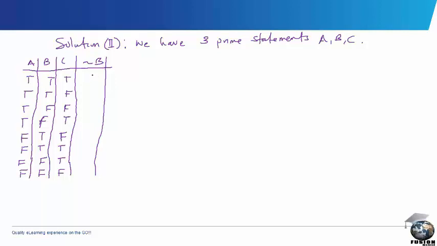And so the first true becomes false, second true becomes false, third false is true, this is true, and this is false, and this is false, and this is true, and this is true. Alright, the next column we have is B or C.